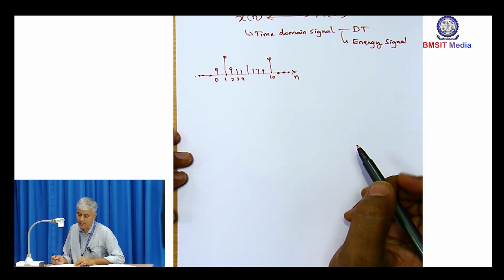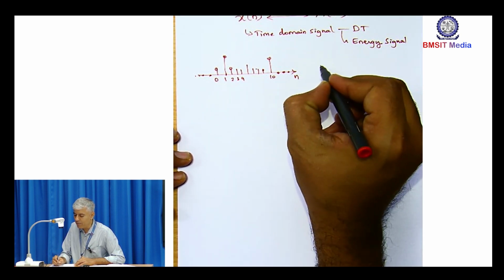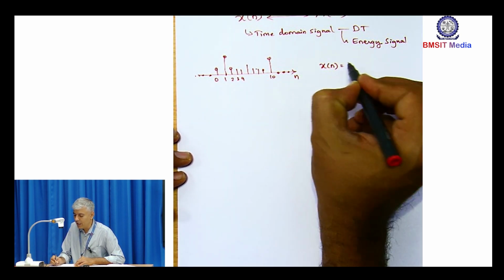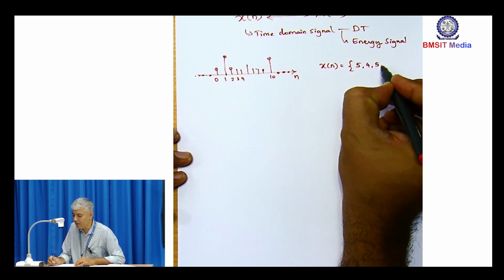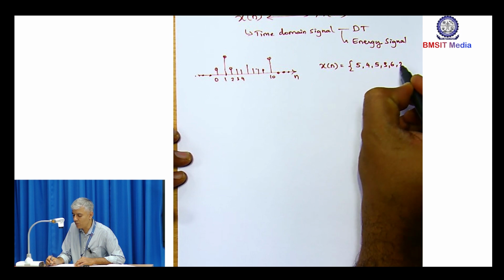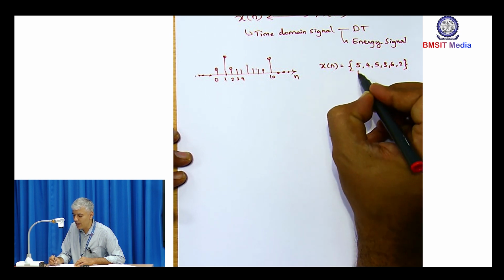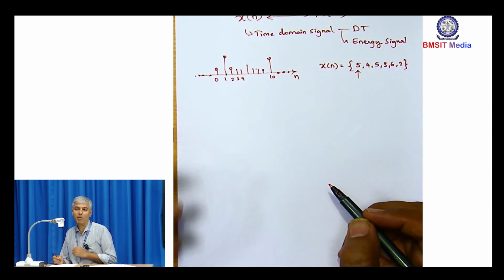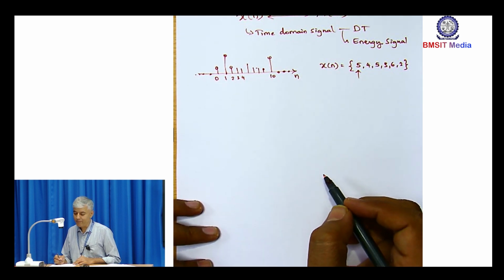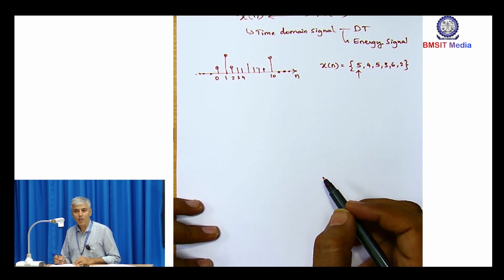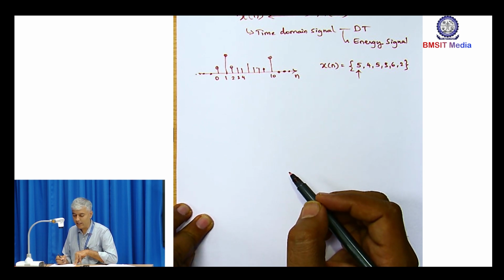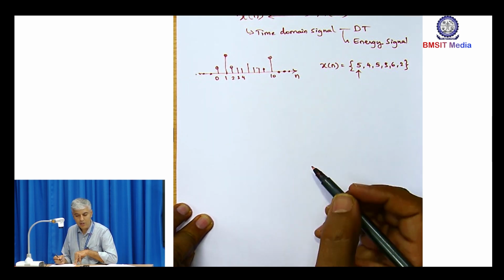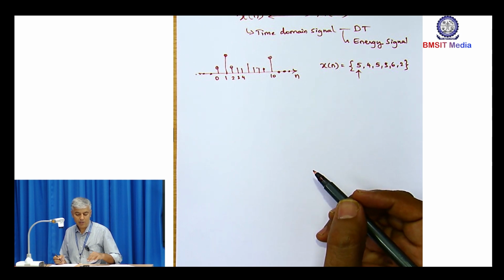This kind of signal can even be represented in the form of a sequence, for example 5, 4, 5, 3, 6, 2. The origin can also be shown with the help of a simple arrow mark. So these are the type of signals that we will see in the discussions on digital signal processing.